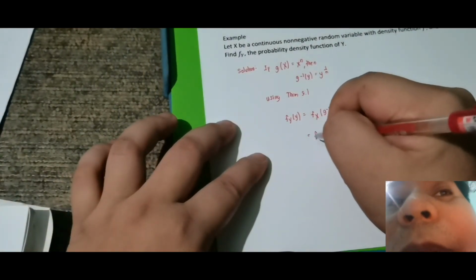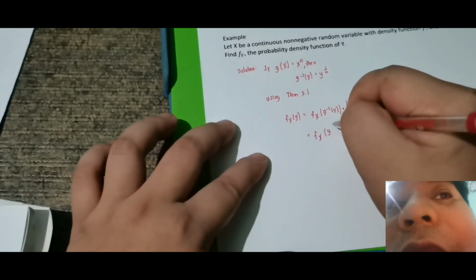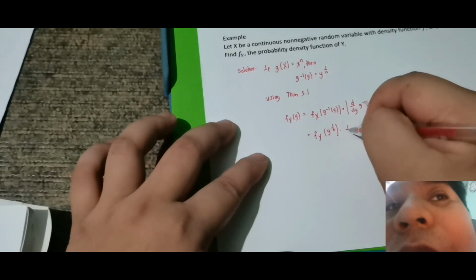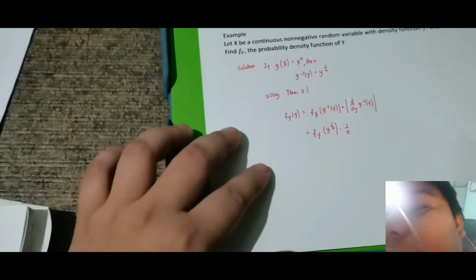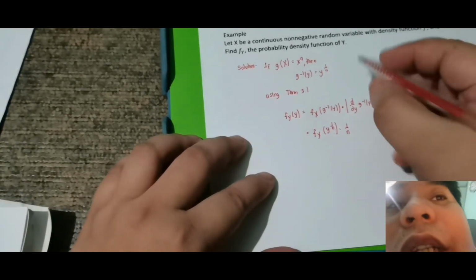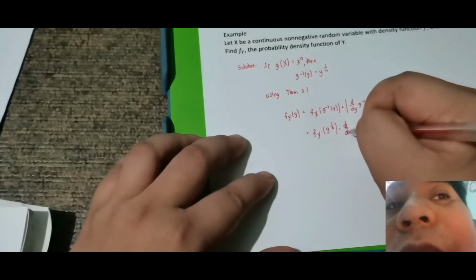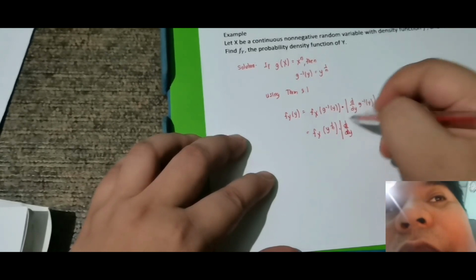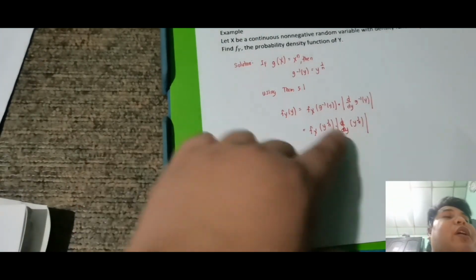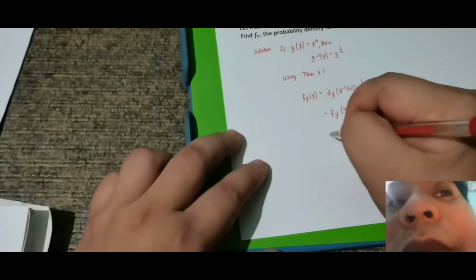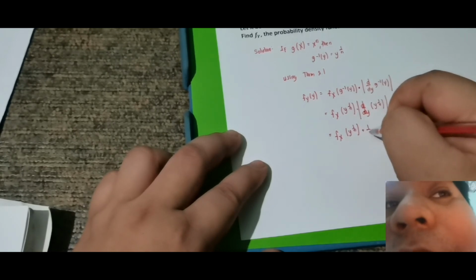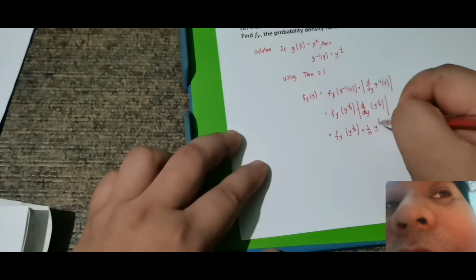This is just equal to f sub x of y raised to 1 over n, multiplied by the derivative of y raised to 1 over n, which is simply 1 over n times y raised to 1 over n minus 1.